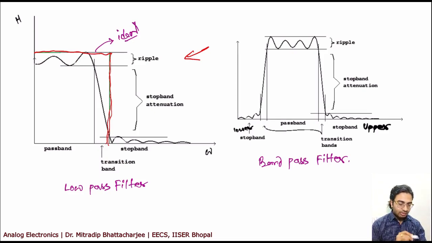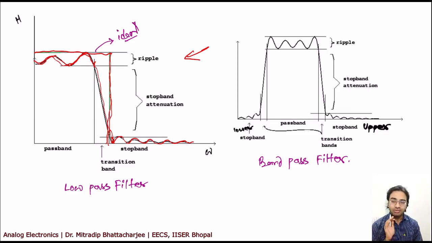Apart from this, you will find that there are some ripples associated with the signal, which gradually decrease, and once it goes close to 0, there is another kind of ripple you will see. So first it starts with a ripple, gradually decreases, and again there is some ripple.